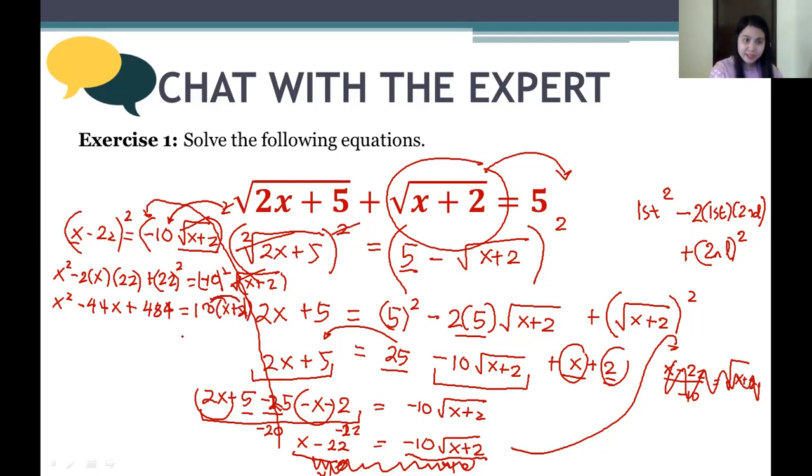Distribute 100, we'll have 100x plus 200. Okay, now let's combine like terms.